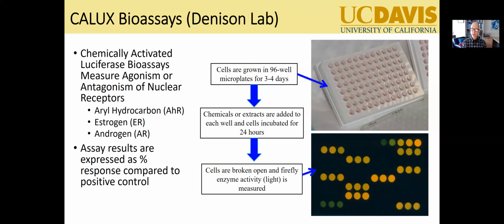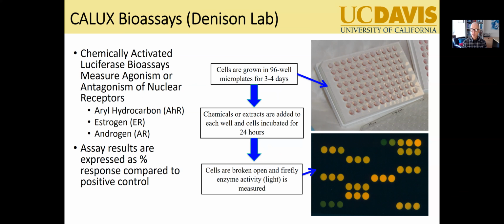These are the 3 CALUX assays that are the subject of this talk. And what happens is when there is an agonist, that is something which binds to that receptor, the cells have been engineered to express luciferase and make light, as you'll see in the bottom right panel. And so we then see a light intensity as a measure of how much binding there is.